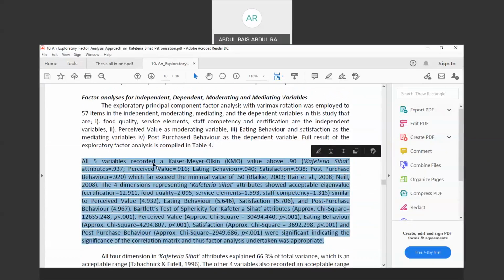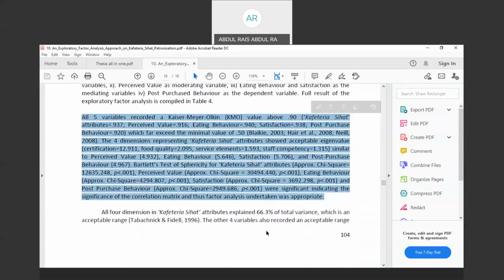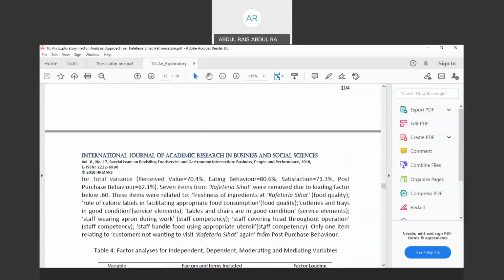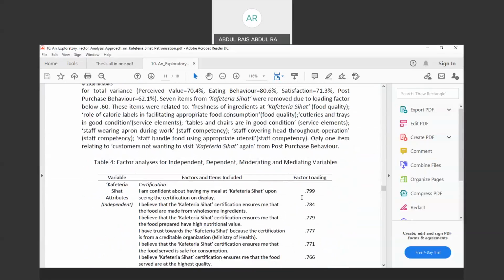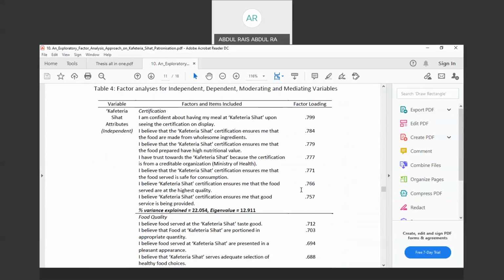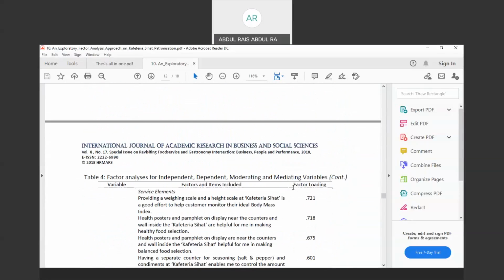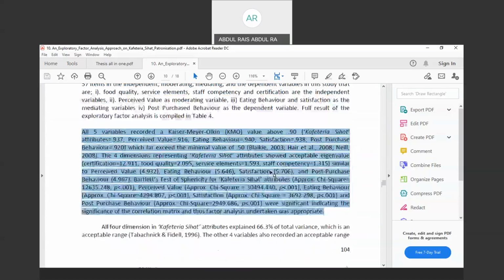We summarize all the values: the recorded KMO value of whatever, followed by the eigenvalue, the Bartlett's test of sphericity, the total variance, and lastly the loading factors. So that is an example of how EFA is done and reported.